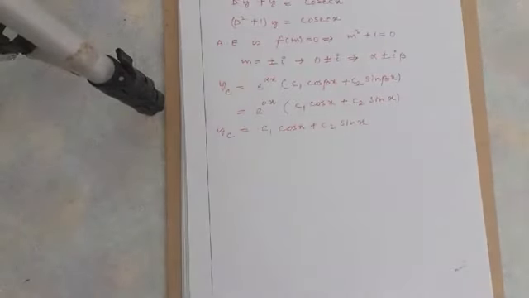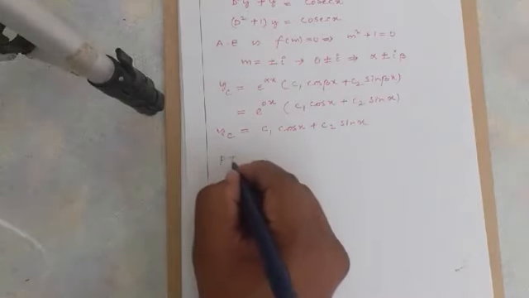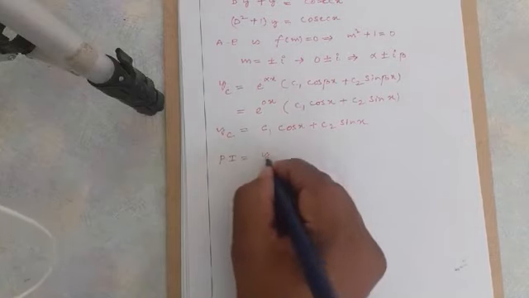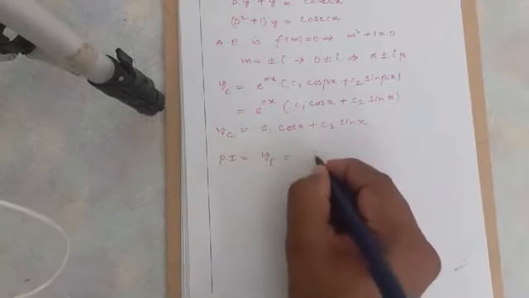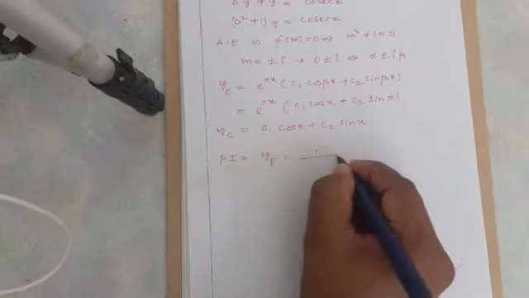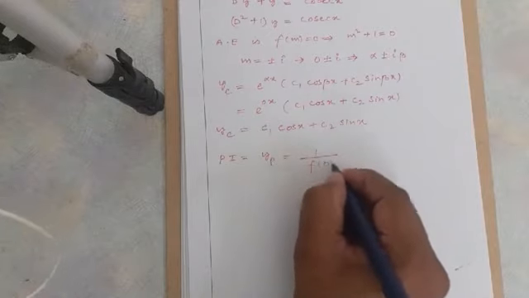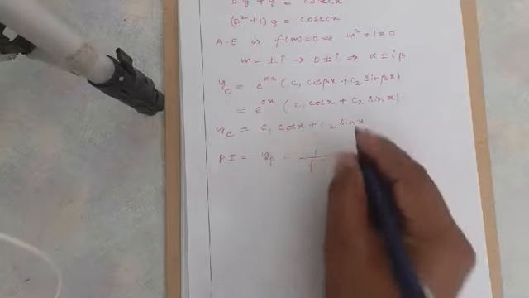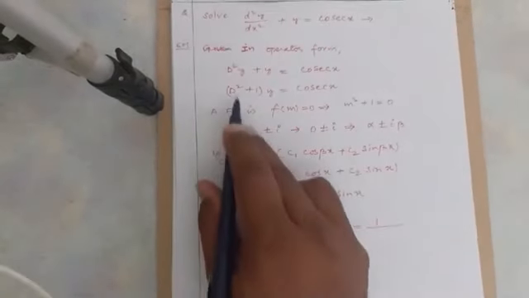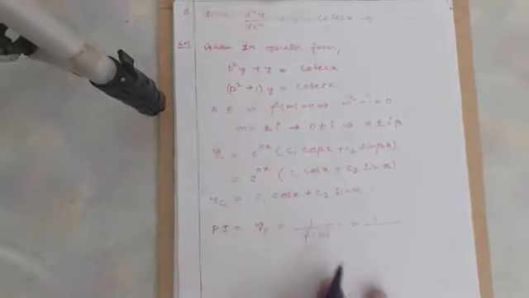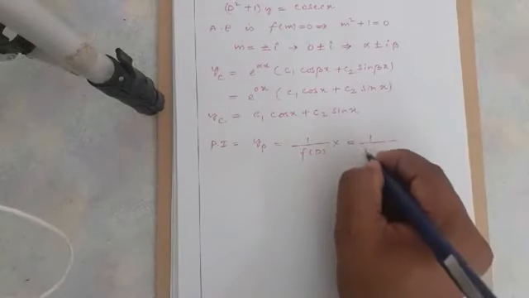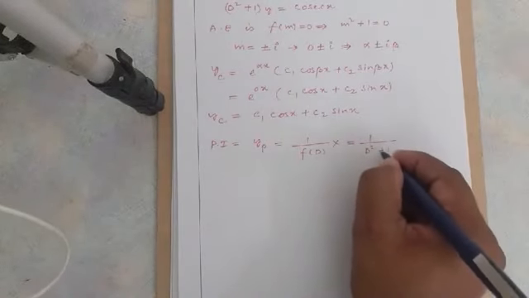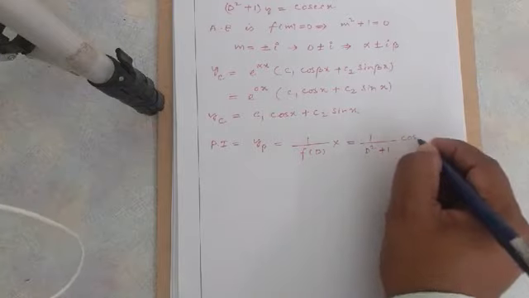After finding yc, now we come to the particular integral. Particular integral yp is equal to 1 upon f of D into X. Here f of D is nothing but D squared plus 1, so this is equal to 1 upon D squared plus 1 into cosec x.